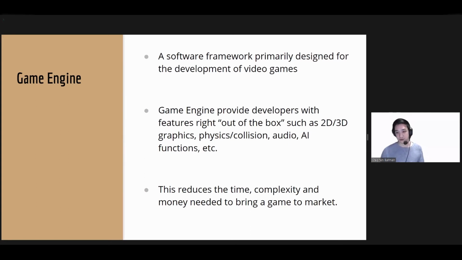Now, game engines provide developers with features right out of the box, such as 2D graphics, 3D graphics, physics, collision, audio, and artificial intelligence functions. Once again, like I said, this reduces the time, complexity, and money needed to bring a game to market, allowing users, maybe such as myself or a very small team, to be able to create a fully functioning, good-looking game in a relatively realistic amount of time.